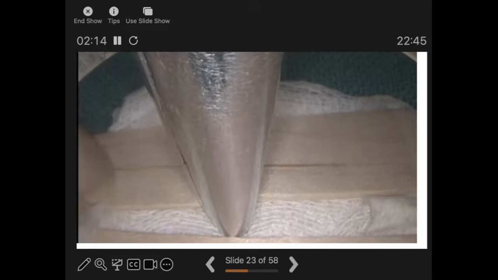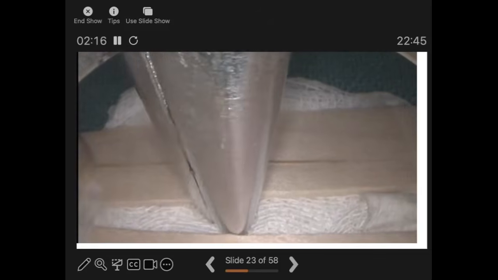The cutting end of the Carrison punch is pushed under the lamina under endoscopic vision. It is rotated back, and then the part of the lamina is removed.